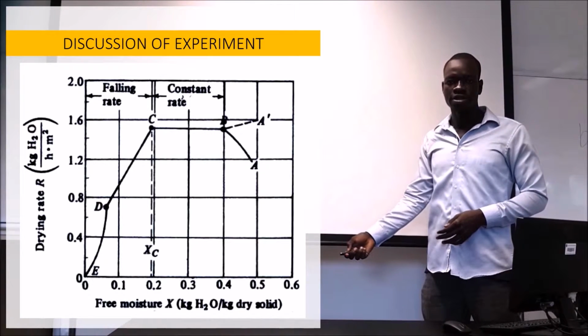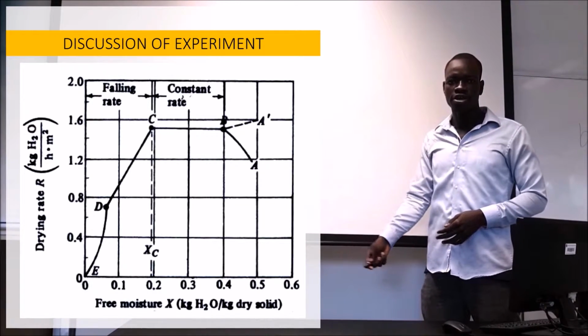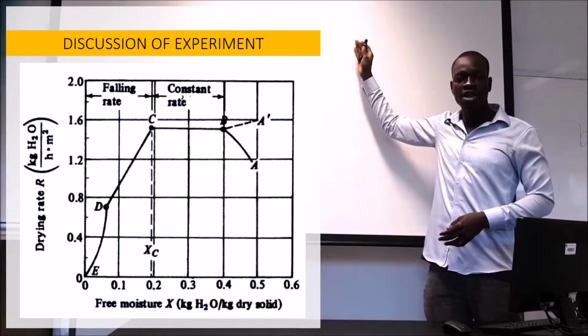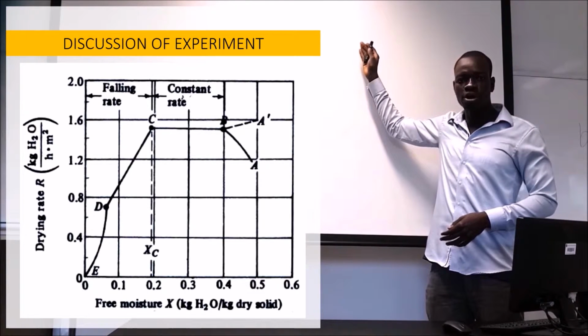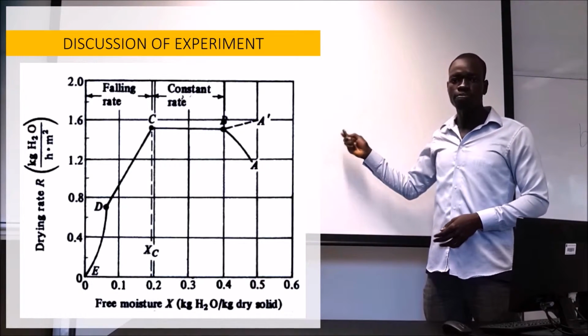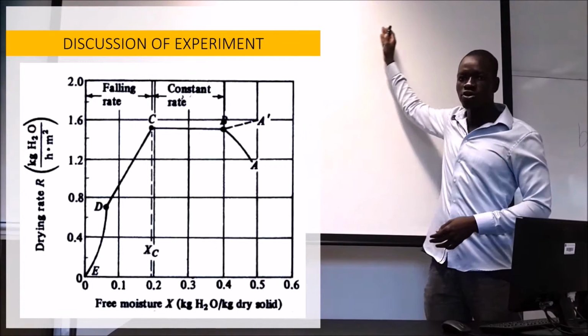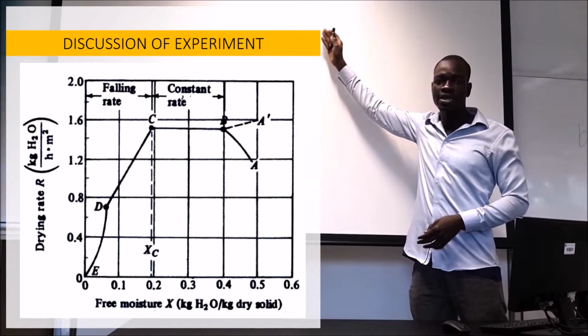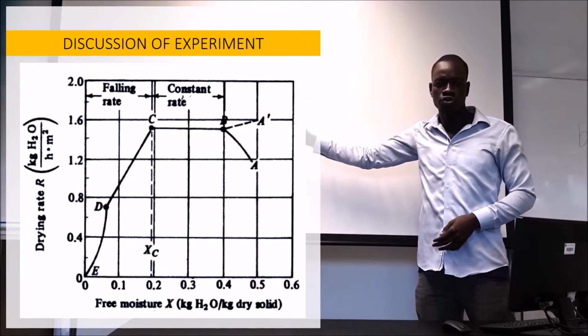This is shown over here. It increases because the air velocity is lower. And then it became constant from point B to point C. It's a bit constant up to some point here, and then it decreases all the way to 0.